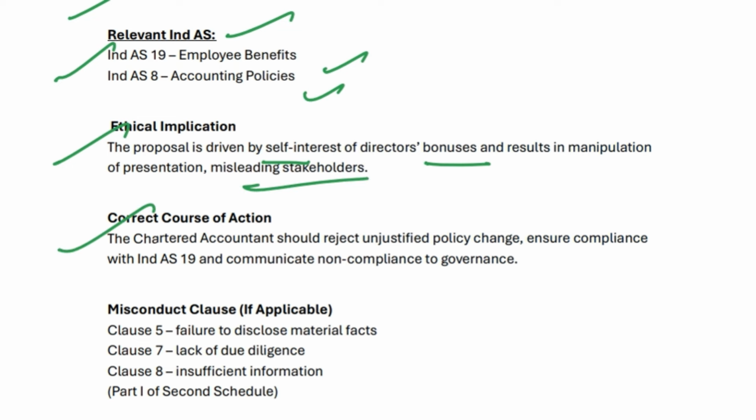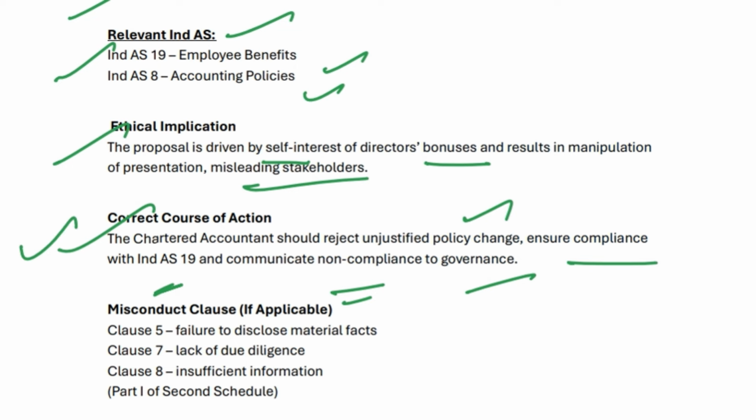So what is the course of action that the CA should take? The chartered accountant should reject the unjustified policy change. Okay, it is not a justifiable policy change, and he has to ensure compliance with Ind AS 19, right? And communicate this non-compliance to the governance.